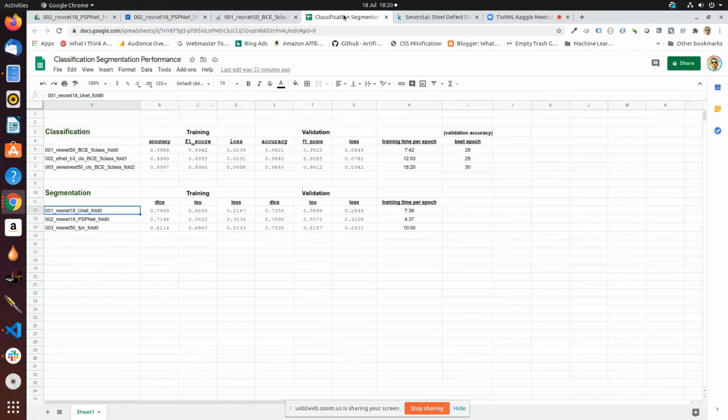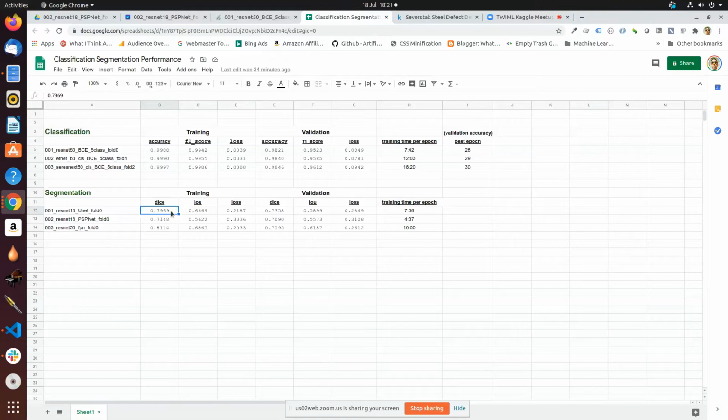Again, I presume this is just a dice metric. I haven't looked at his dice metric function to see if it matches the one used when I was using the fast AI code. Certainly, when I was running the kernel with the fast AI dice metric, I was getting training dice scores of 0.92 or whatever, really good values. Exactly, although that didn't translate when I actually submitted into the Kaggle competition. Right. But still, it was in the high 80s for sure.